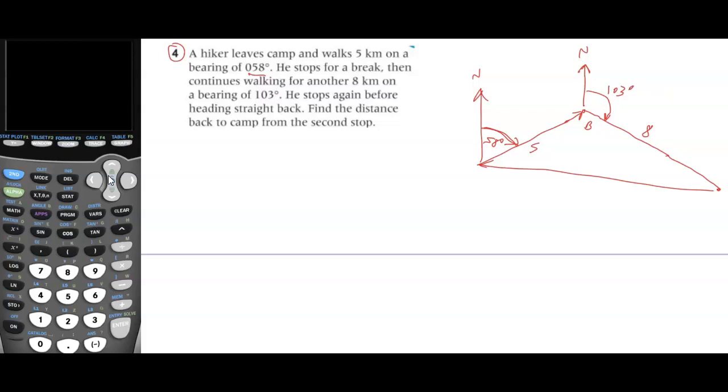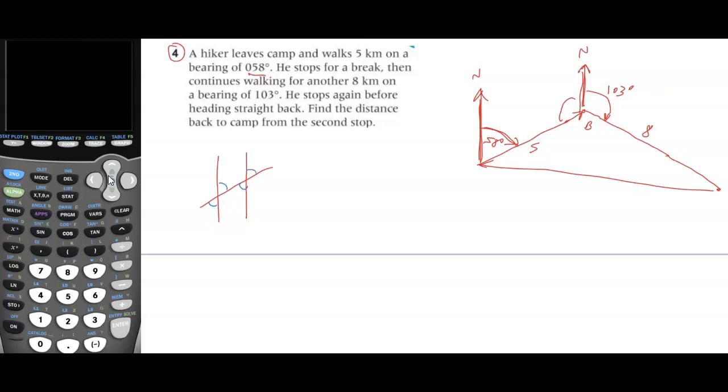Let's see. From these two lines, which are parallel to each other, we might be able to figure some of these angles out. Like, for example, could we figure this angle out? So remember that if you have two parallel lines cut by a transversal, there are certain angles that are the same measure, and you can see visually which ones those would be.